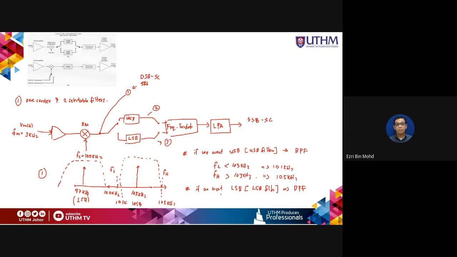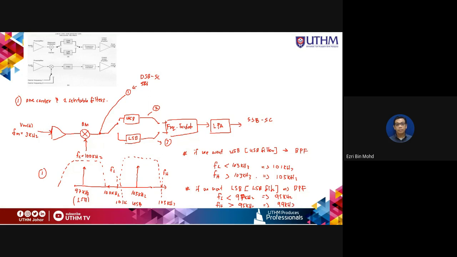Let's say, for example, F low cutoff we design at 95 kilohertz, and F high cutoff at 99 kilohertz.